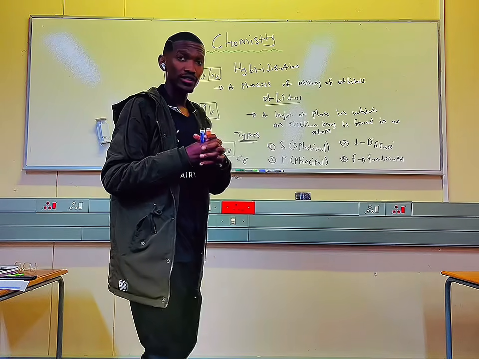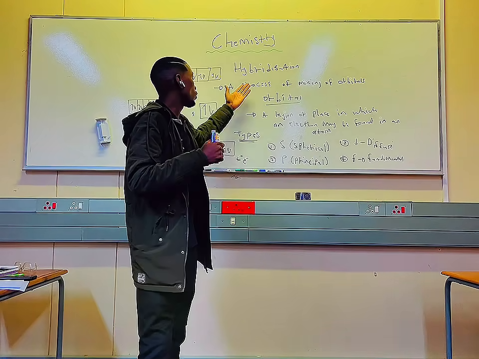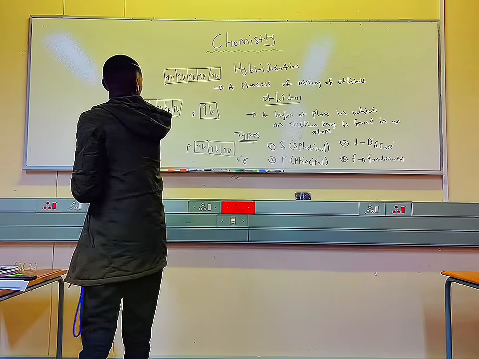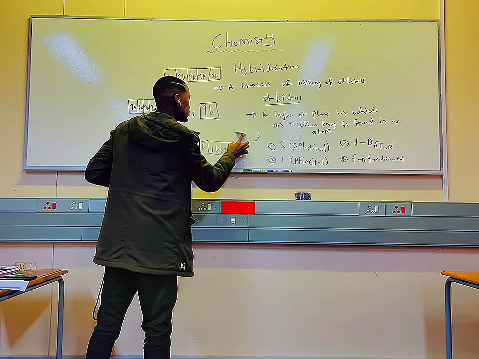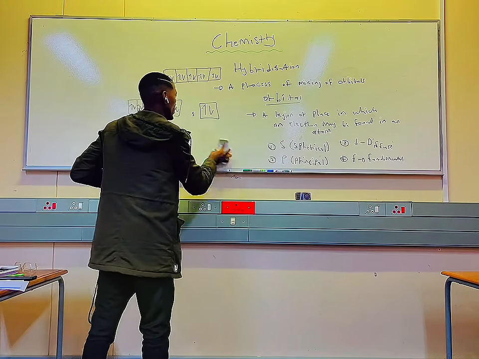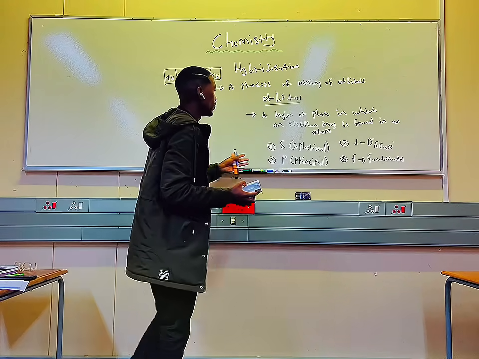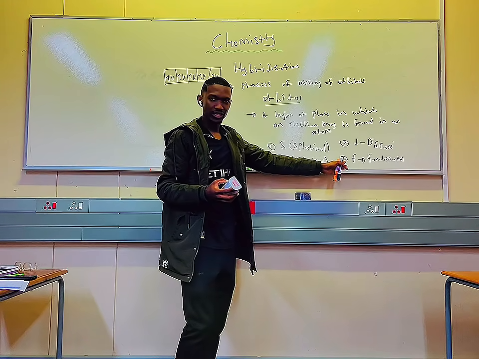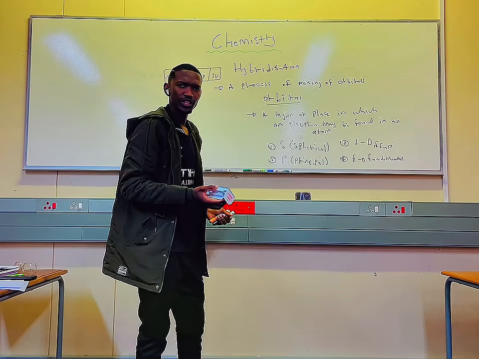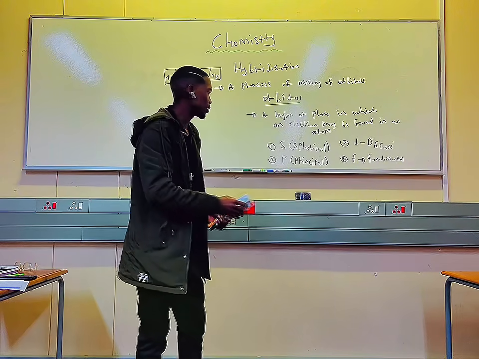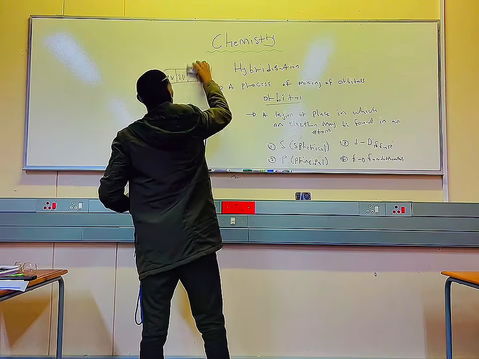If you now understand what an orbital is, you can move with me along to hybridization. Your task in the meantime is to find out about g and h. How many electrons should we expect and how many orbitals are there? That's your homework.